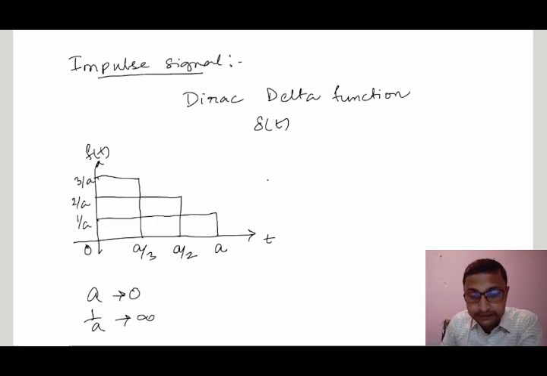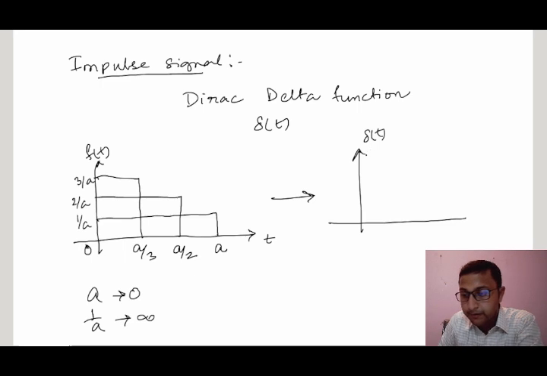Then the signal converts to this. This is the delta(t) impulse signal, and this is infinite magnitude with infinitely small width.